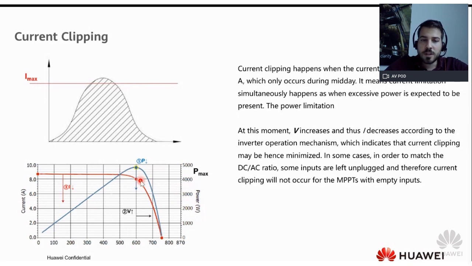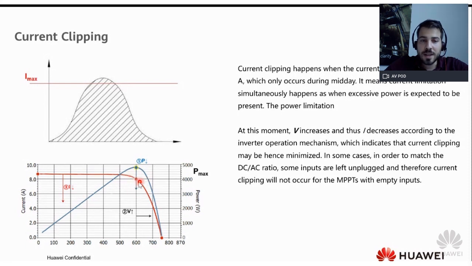So during this power limitation, when more power is coming, the string current will be less, so it will decrease.